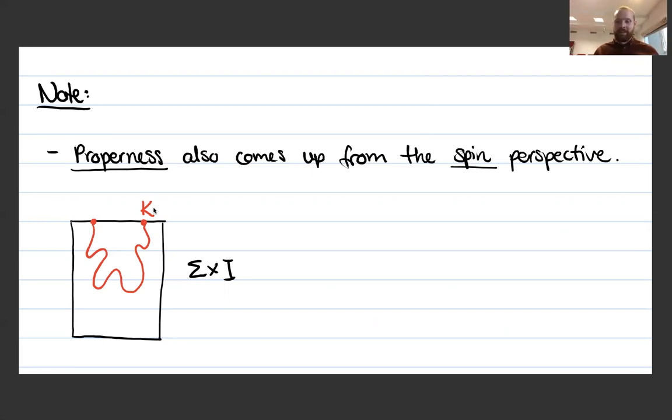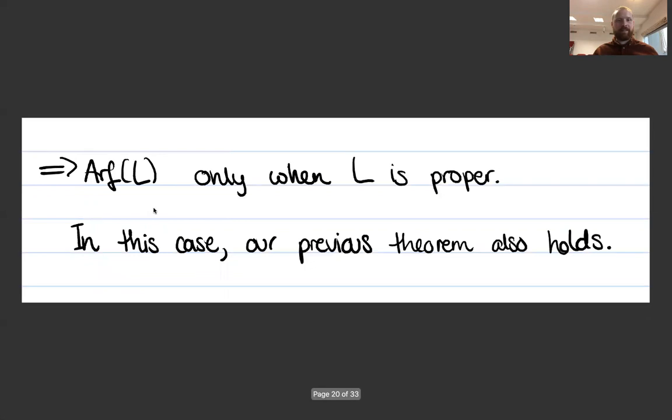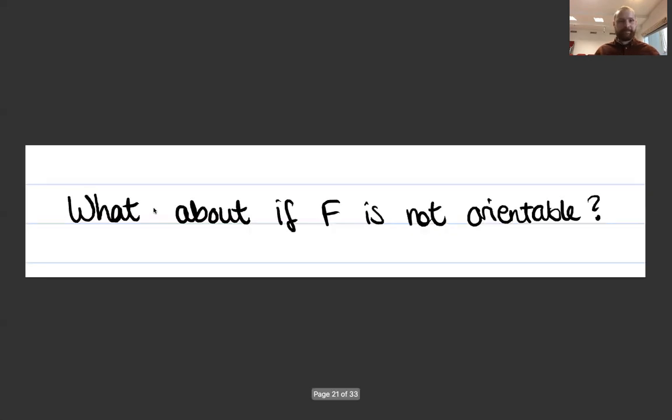So for those familiar with spin structures, that's how this shows up in that context. Therefore, you only get the Arf invariant of a link when the link is proper. And in this case, the previous theorem holds and the proof is very much analogous, or you could prove it using spin structures also. So what about the case when F is no longer orientable?